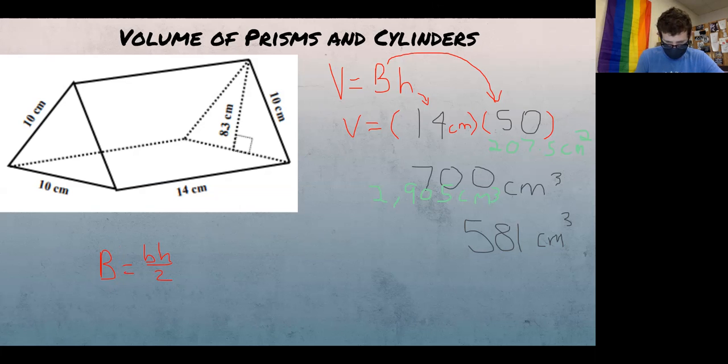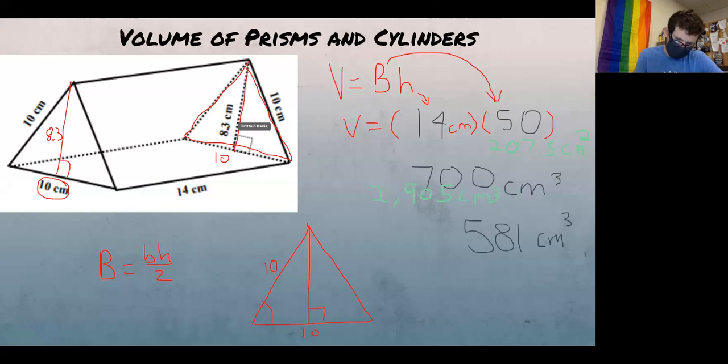Just like we talked about last time, if it's 10 right here, it's going to be 10 at the back. If this is 8.3 right here, this is going to be 8.3 up at the front. And the other thing to keep in mind is that when we're solving for the area of a triangle, it's important we use two dimensions that are perpendicular to each other. We can't use the 10 and the 10 because they are not perpendicular.